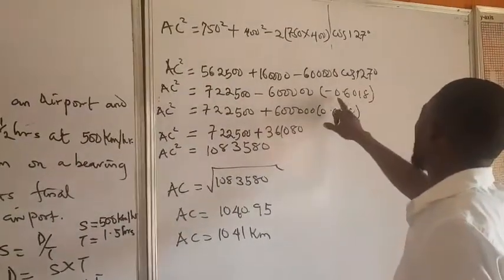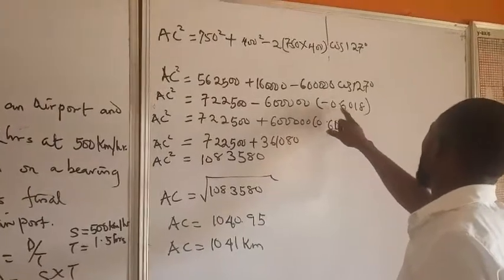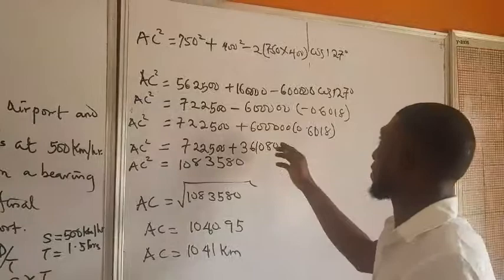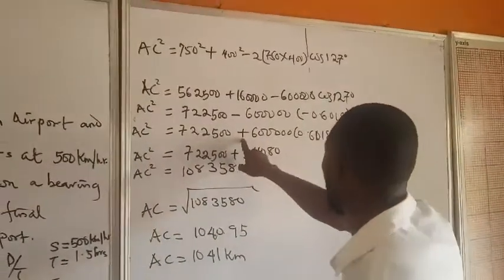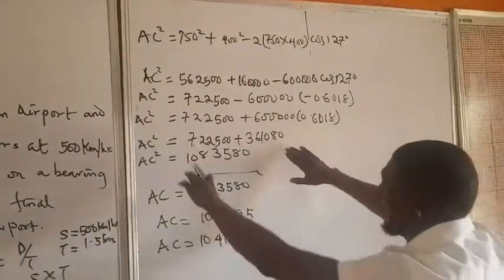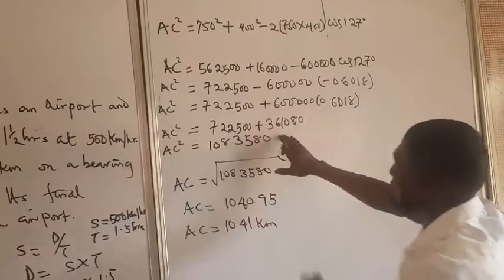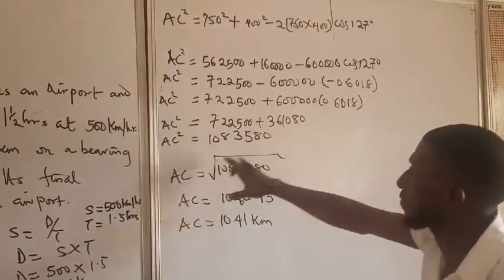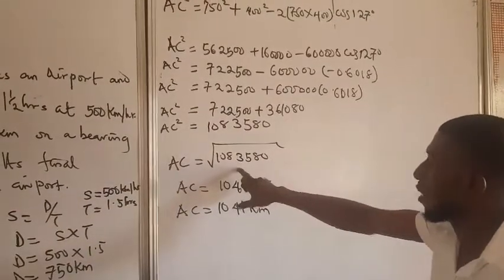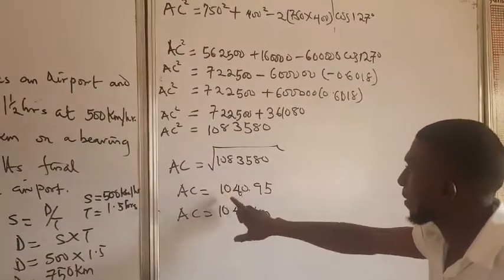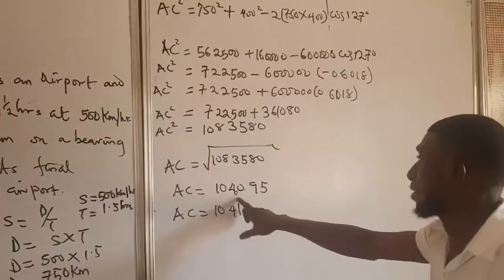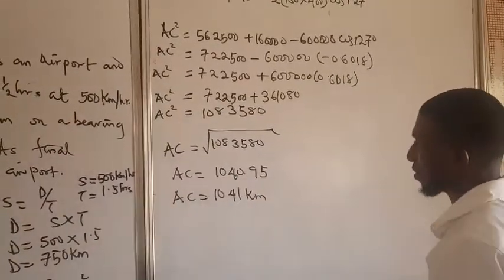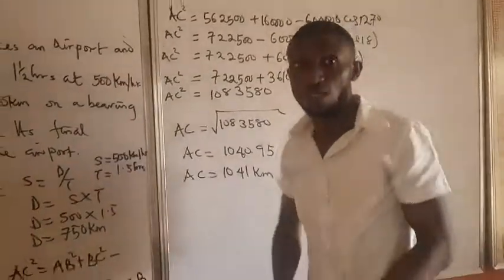Cos 127 degrees gives us minus 0.6018. Opening the bracket with the minus, we have plus. Adding these together and finding the square root, we have 1040.95. If you approximate it, we have 1041 kilometers. And that's the end of this video.